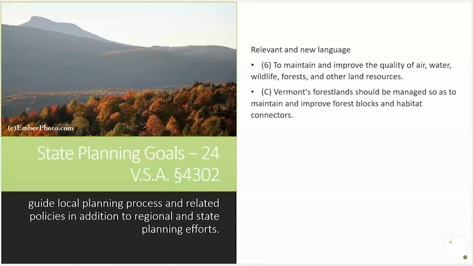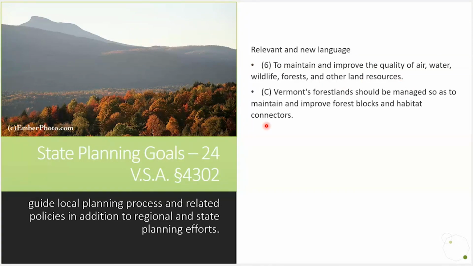So just a quick overview for folks who may not be super familiar with the planning process. We have these state planning goals, which intend to guide the local planning process and really serve as entry points into Act 171. So some of the relevant new language here at the state planning level relates to improving the quality of air, water, wildlife, forests, and other land resources.